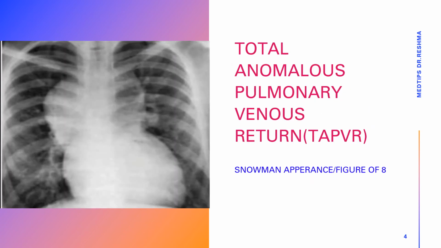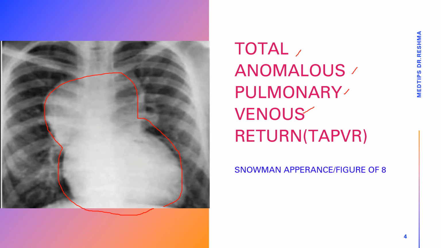Next is the chest X-ray finding in total anomalous pulmonary venous return. Here the finding is known as snowman appearance, or we can also call it figure of 8 appearance. This also starts with T, so it's very easy.